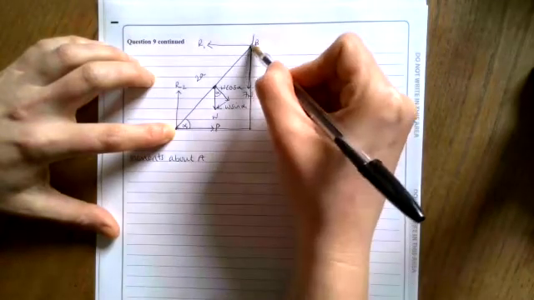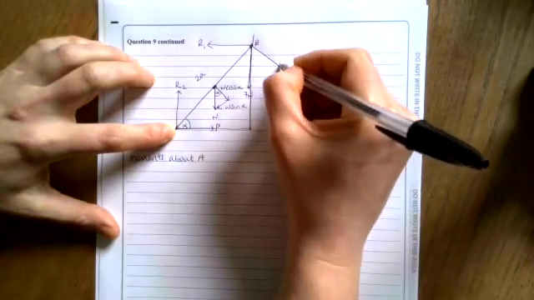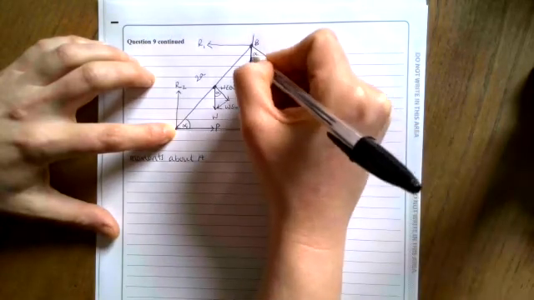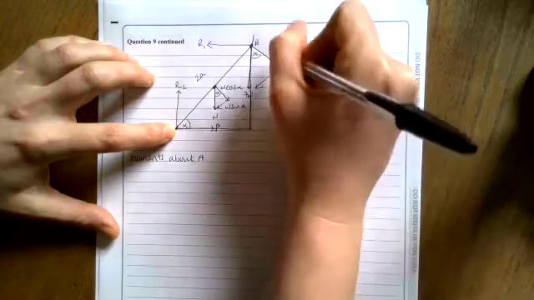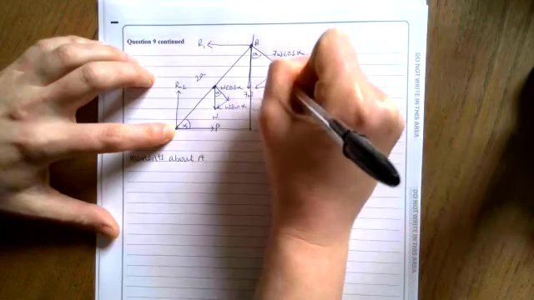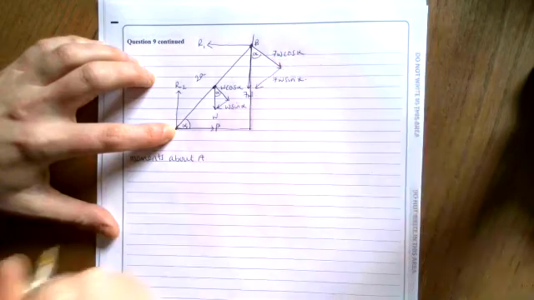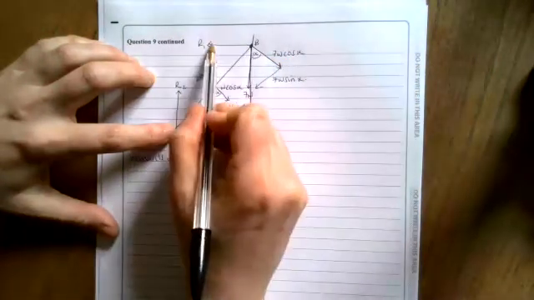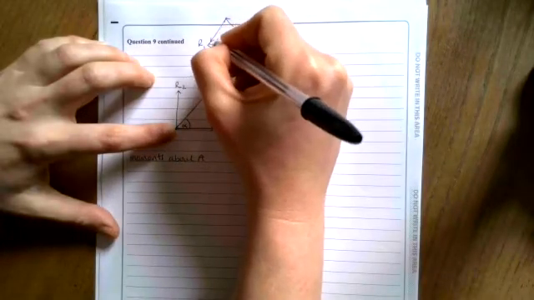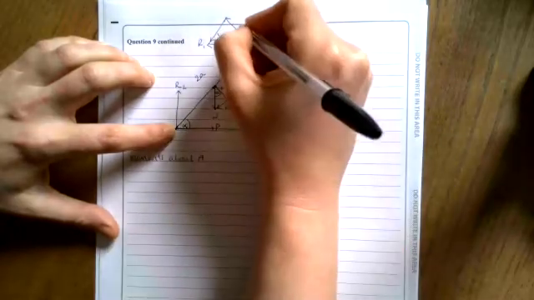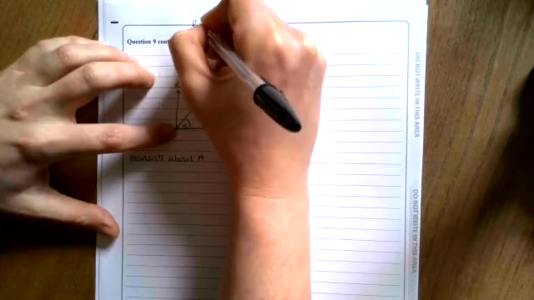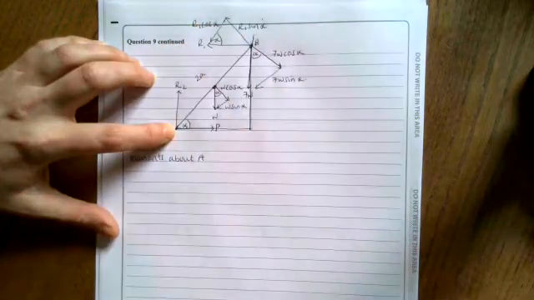Up here, the 7W again, if we've got one perpendicular like that and one parallel like that, with alpha in there, we've got 7W cos alpha and 7W sin alpha. And then the R1, we've got the perpendicular and the parallel. This angle here would be alpha. So this one is R1 sin alpha and R1 cos alpha.